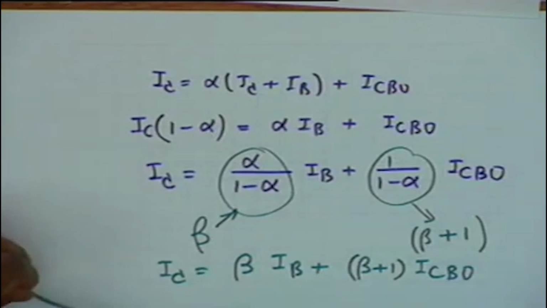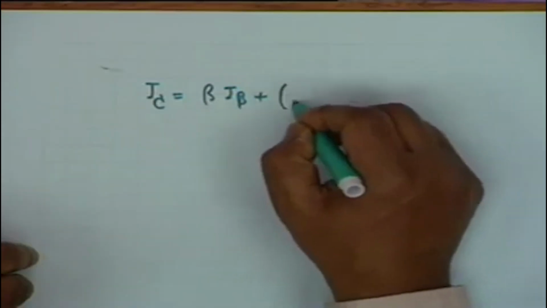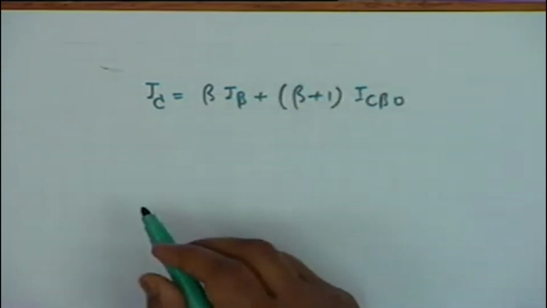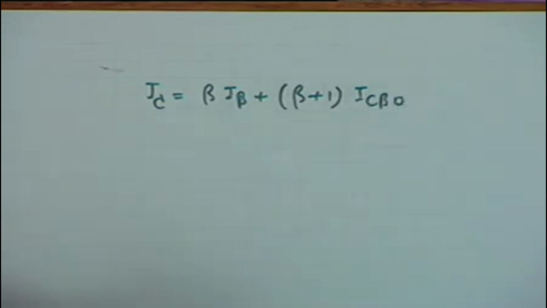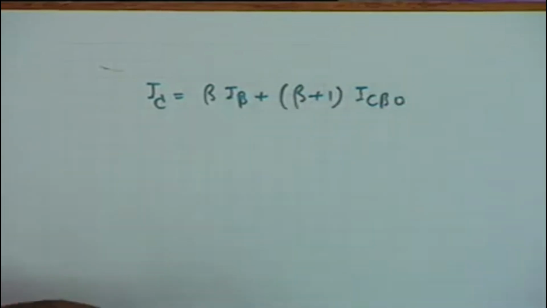Take a specific case. I sub C equal to beta I sub B plus (beta plus 1) I sub CBO. This current I sub CBO is usually a very small current, of the order of microamps. Beta is of the order of 100.